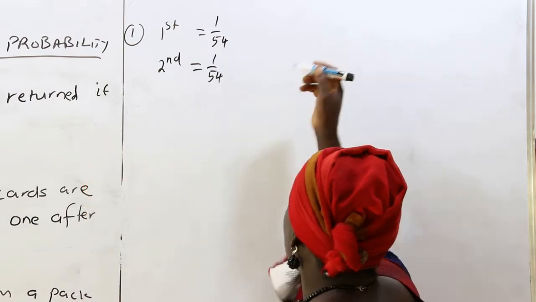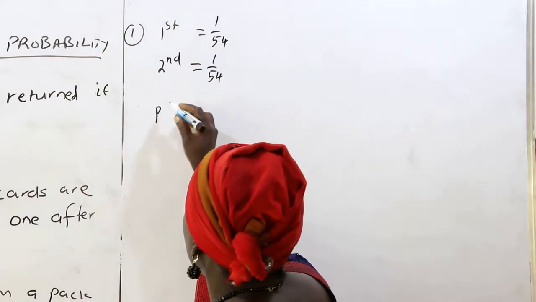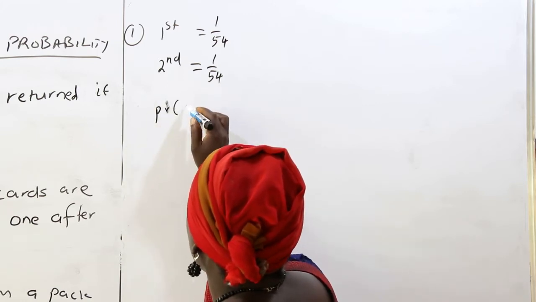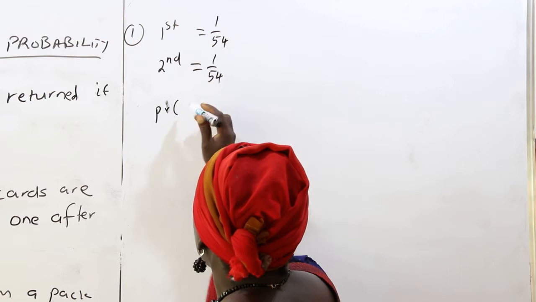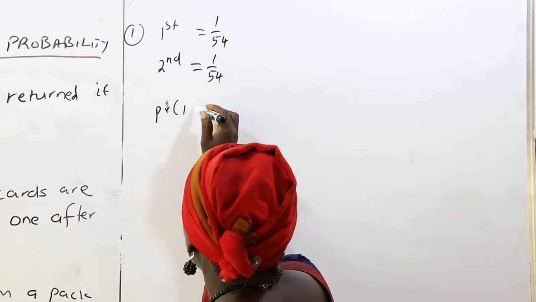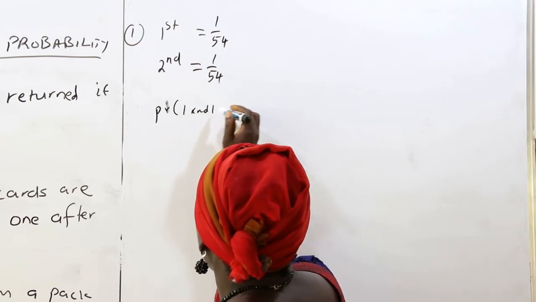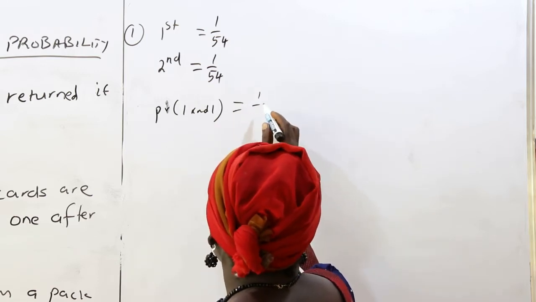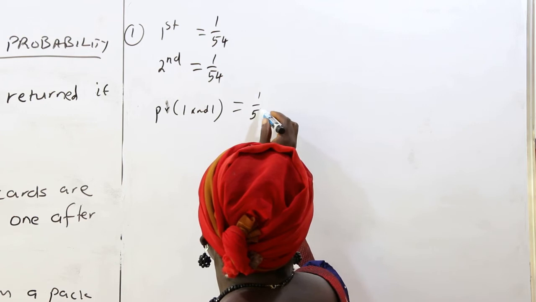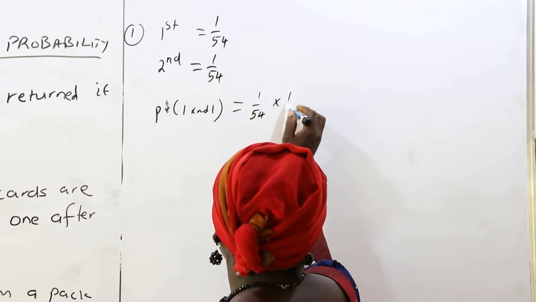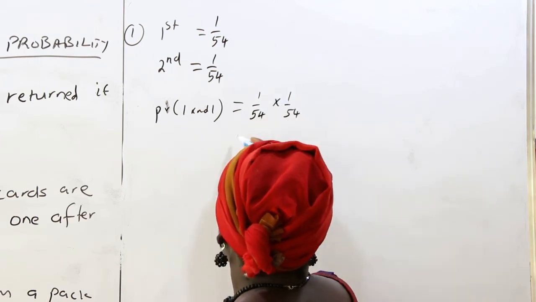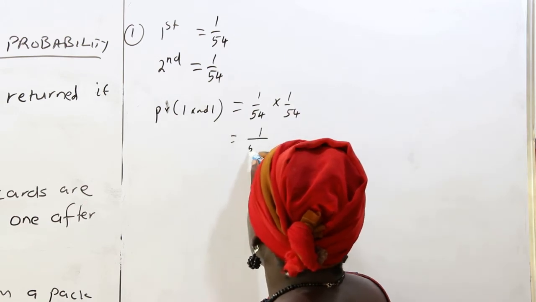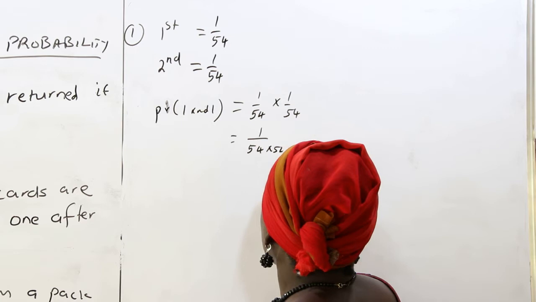So for this one, we now say probability of picking 1 and 1 is equal to 1 over 54 times 1 over 54, which we will have 1 times 1 is 1 all over 54 times 54.